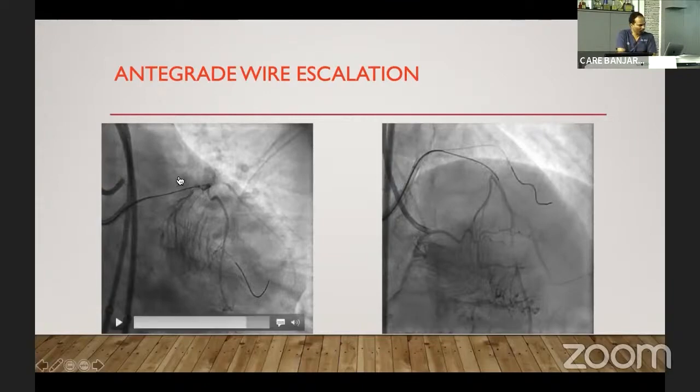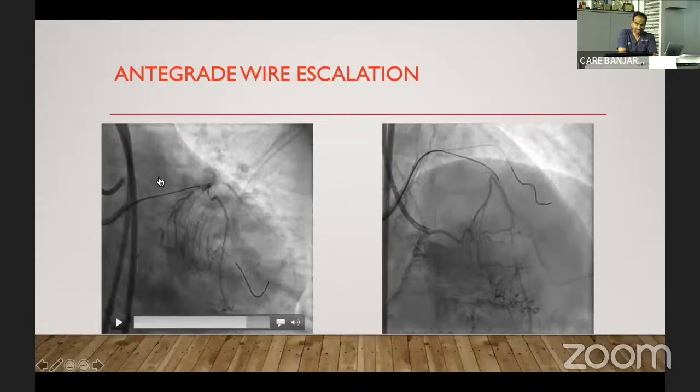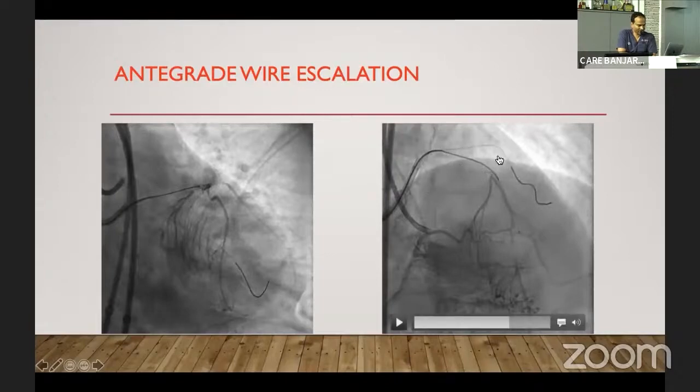Here I used caudal and cranial, but ideal for this LAD location is RAO cranial and LAO cranial. That is the easiest view to handle the case. So not caudal cranial, but often I use caudal cranial as well, but the best is LAO cranial.